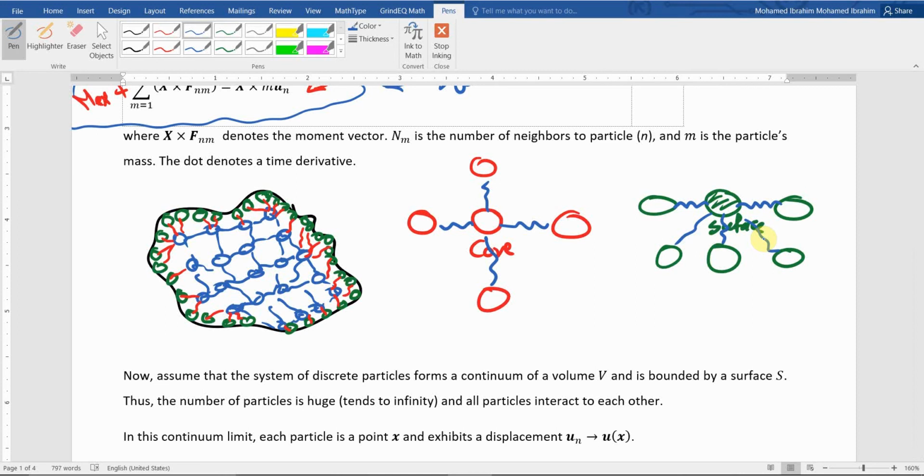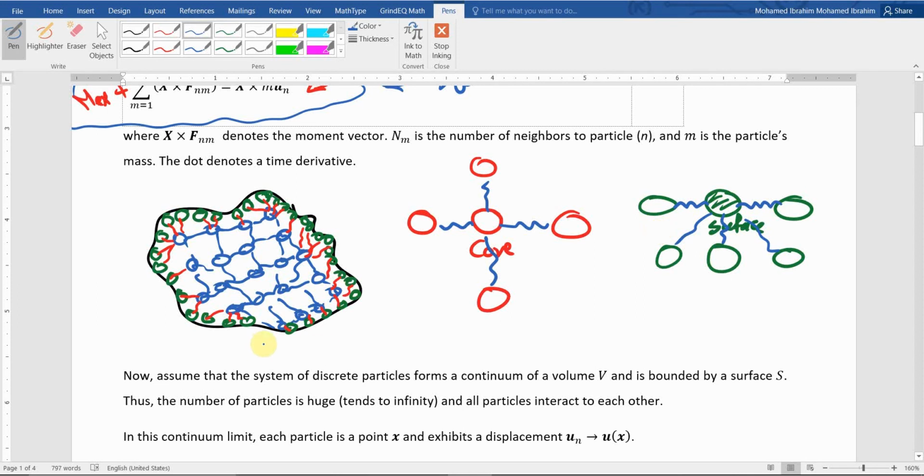I just brought this up to let you know that the particles over the surface will exhibit some deformation or some stresses or some fields which are different than the particles inside. The main reason is the distinction between the interactions of the particle located over the surface and the particle located inside the core.